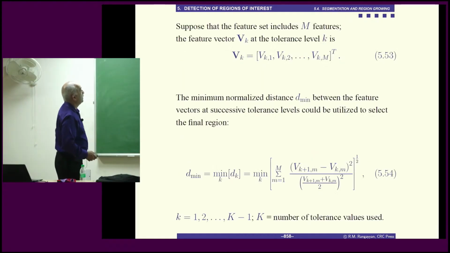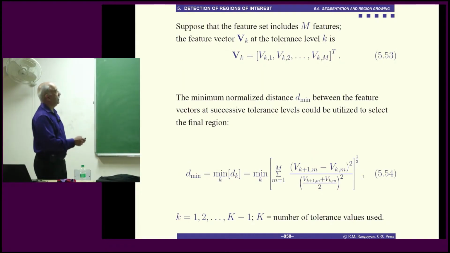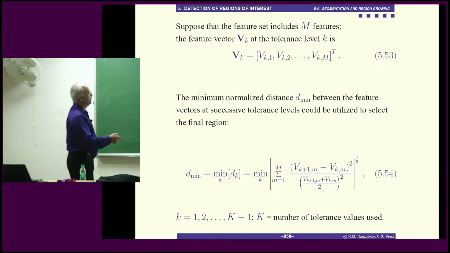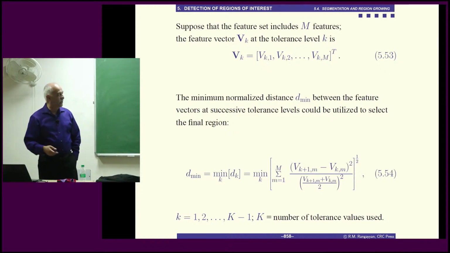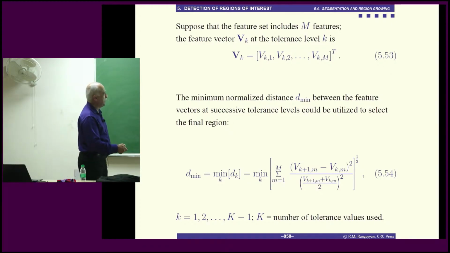So we compute a feature vector, K1, K2, K3, and so on. And we compare the feature vector instead of the actual regions. So this is simply taking the difference between the feature vector at the kth iteration compared with the k plus 1th iteration.